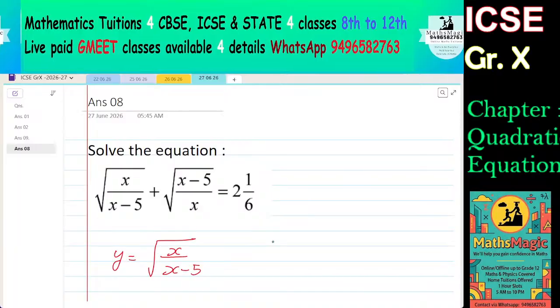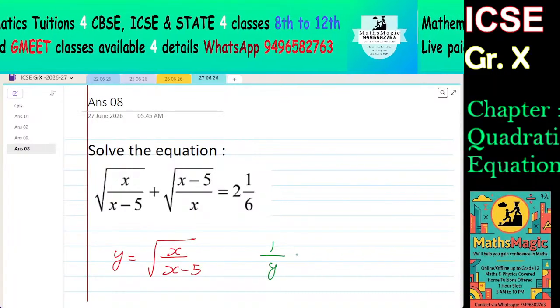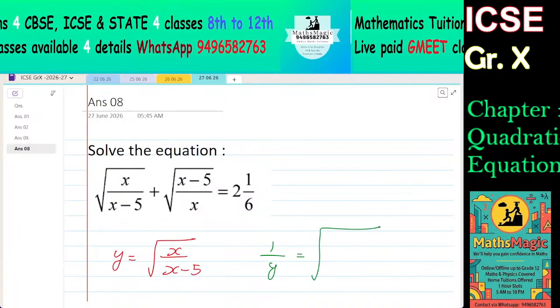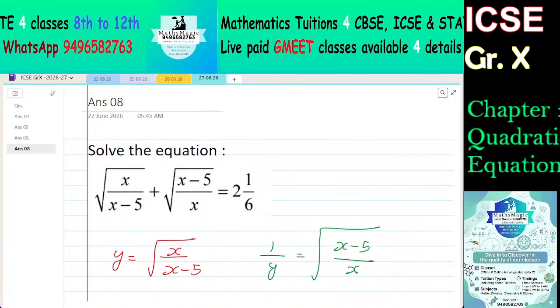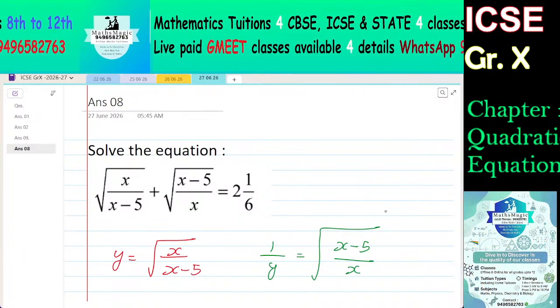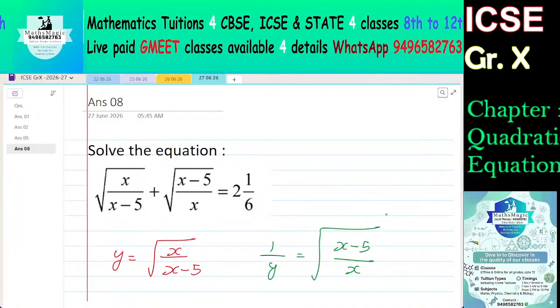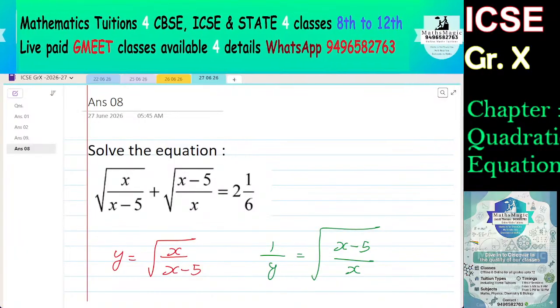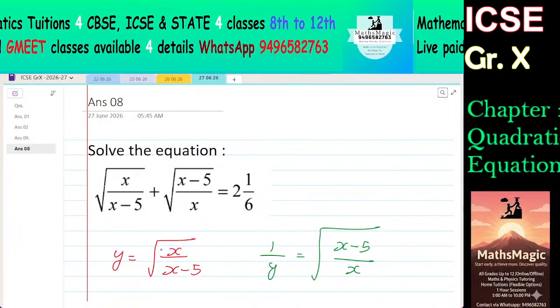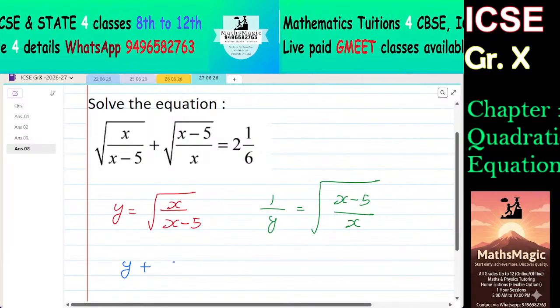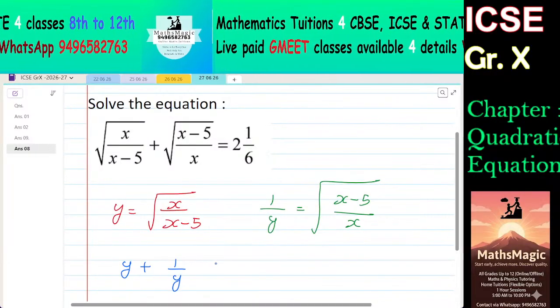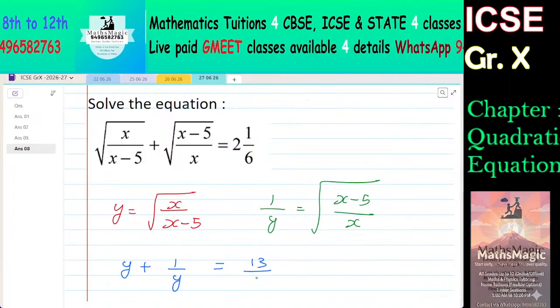Obviously, 1 by y will be the reciprocal of it. It's better to actually write and verify. 2 times 6 is 12, 13 by 6. So we'll be having y plus 1 by y as 13 by 6.